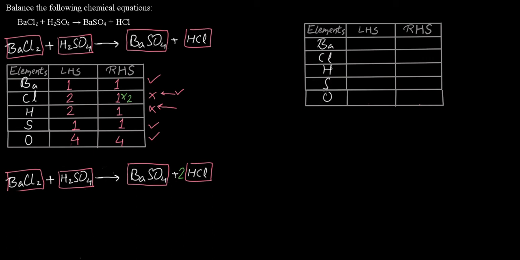Now let us count barium. Now on the LHS we have 1 atom of barium, and on the right hand side also 1 of barium. So we will write 1 on both sides.